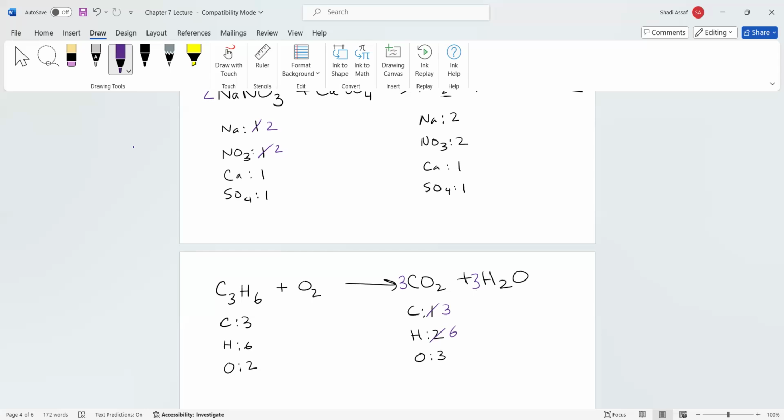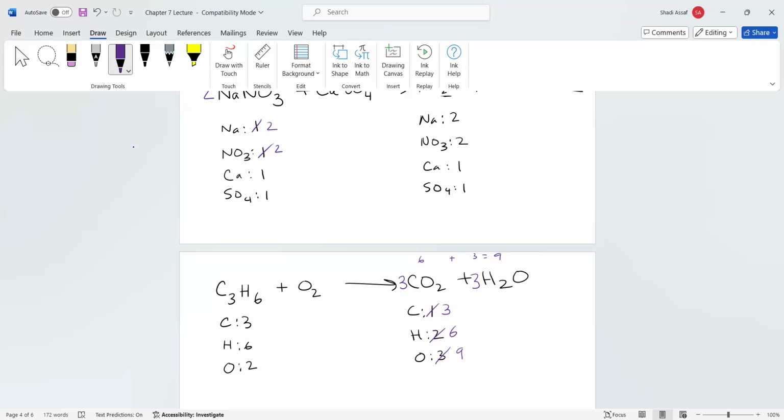When you do the oxygen, you have 3 times 2, which is 6, and then 3, that gives you 9 oxygens. So you can pause the video and really pay attention and see if you understand my point here. The problem is how are you going to balance the oxygen, 9 and 2?